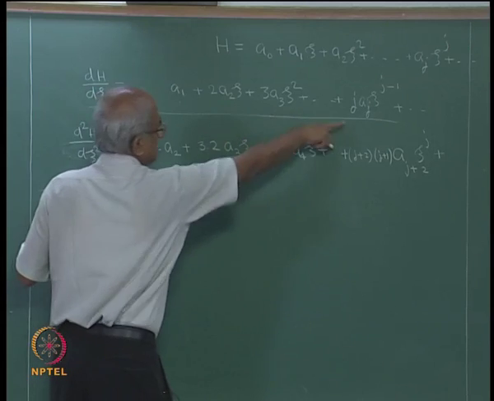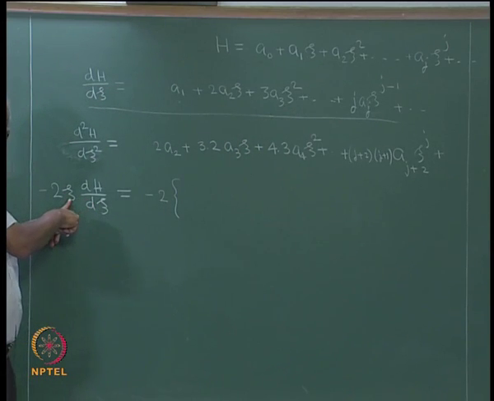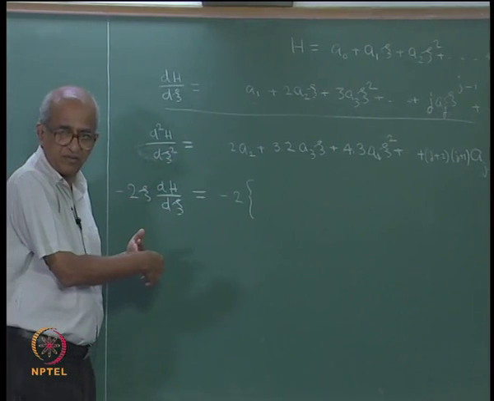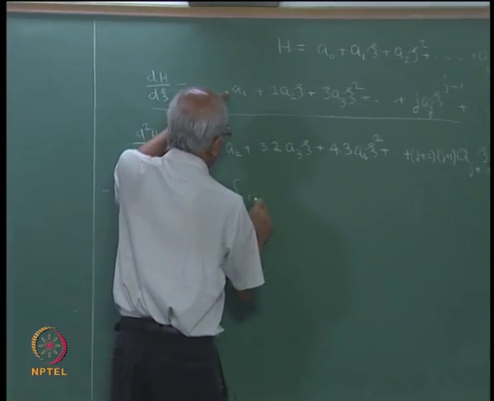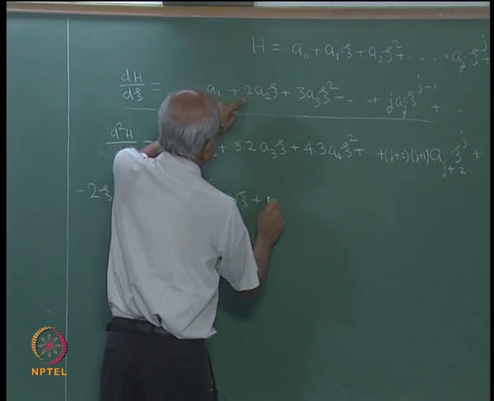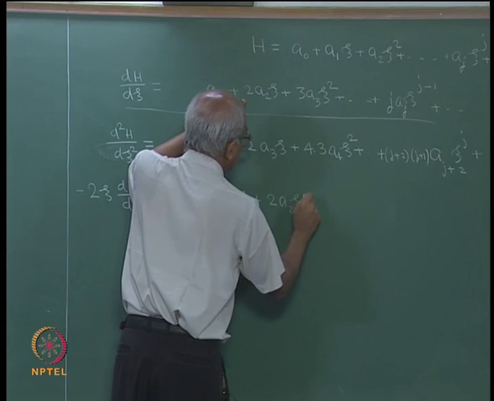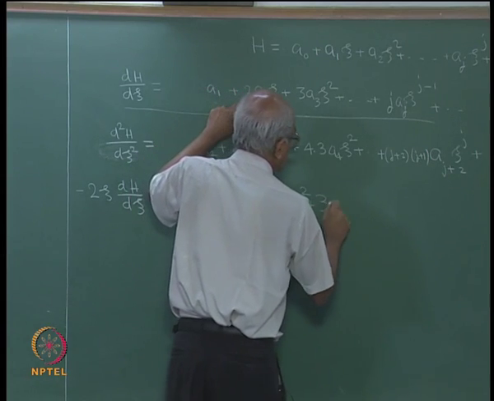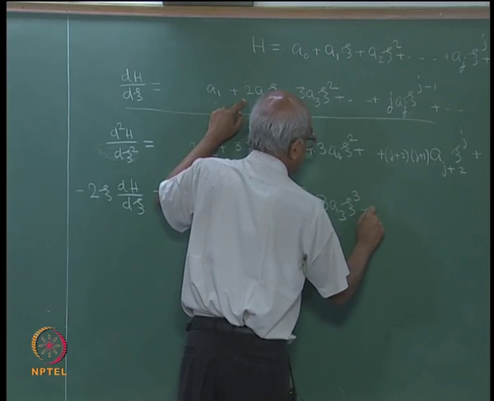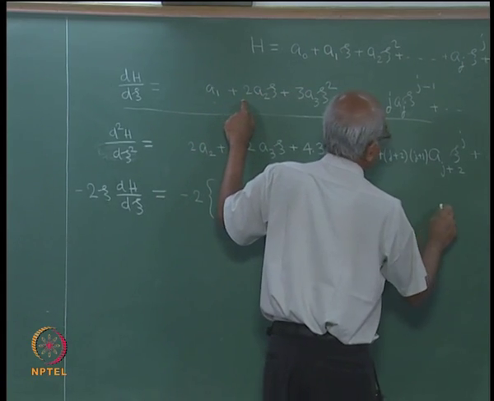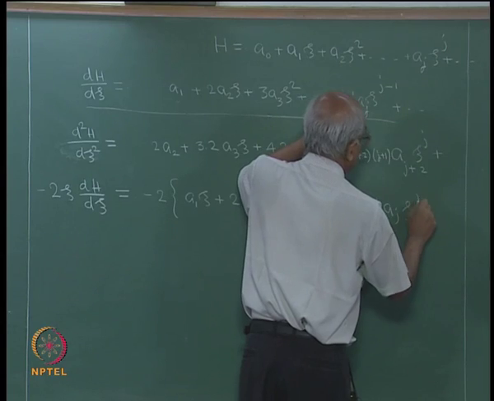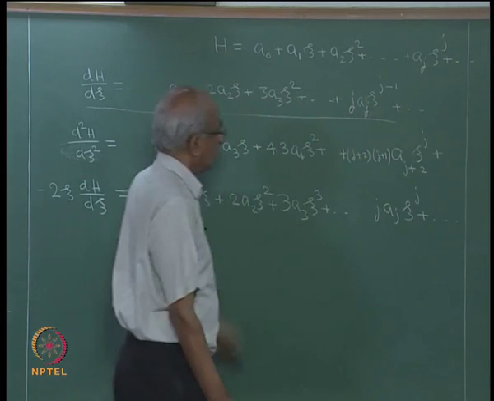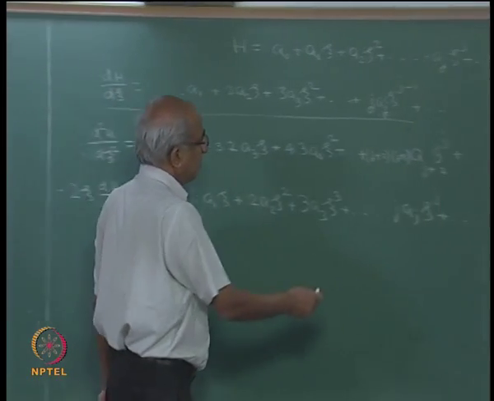So, I have to multiply this expression by minus 2c, but I am going to leave minus 2 as a common factor, and c I am going to take inside. So, the first term that I will get will be a1 c, next term will be 2a2 c square, 3a3 c cube plus etc., and this term will actually give me j aj c to the power of j plus etc., and I have to close the bracket.